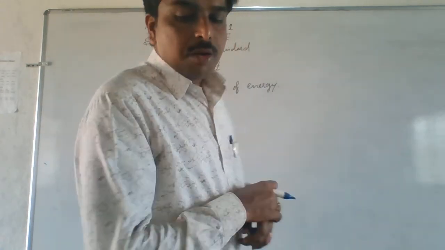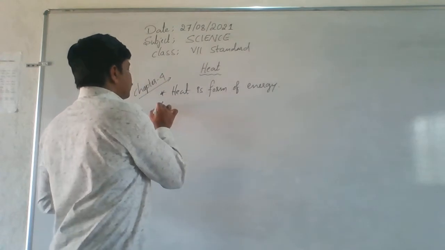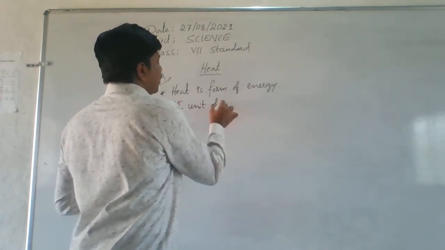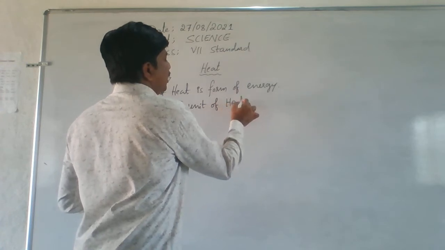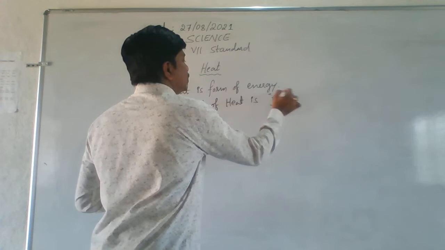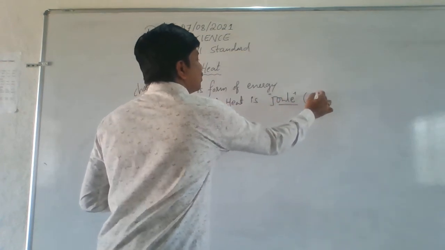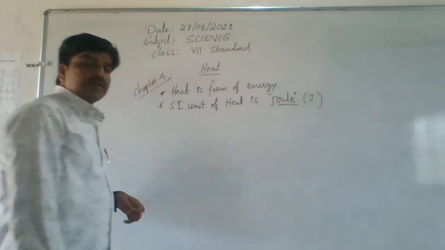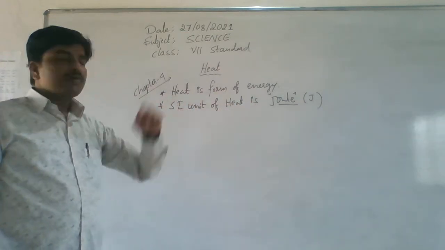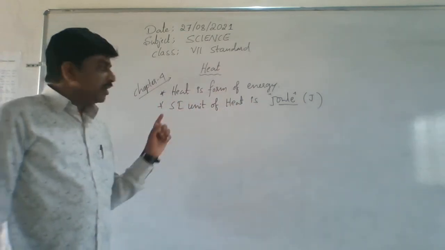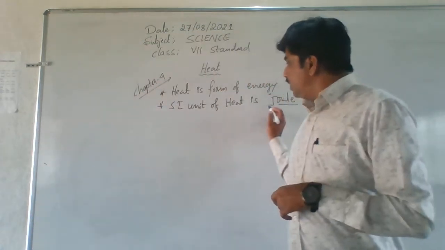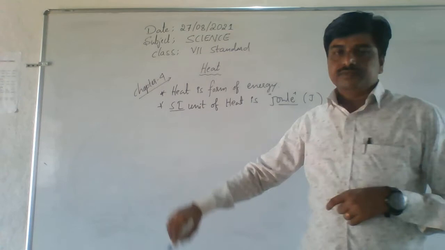Heat is commonly measured in joule. The SI unit of heat is joule. It is shortly written as only capital J. The SI unit of heat is joule, and heat means it is a form of energy. Commonly, heat is measured in joule. See, joule is called an SI unit.